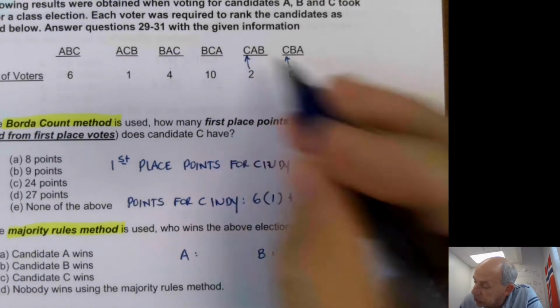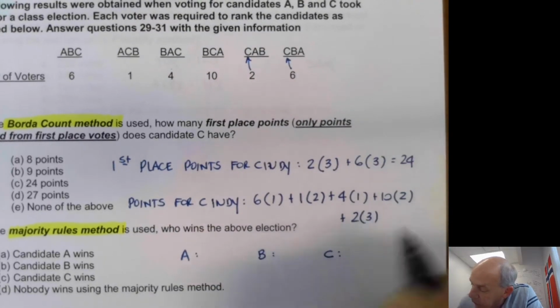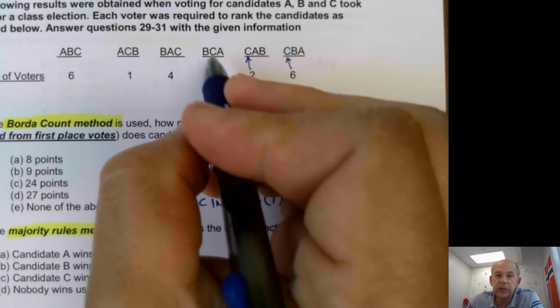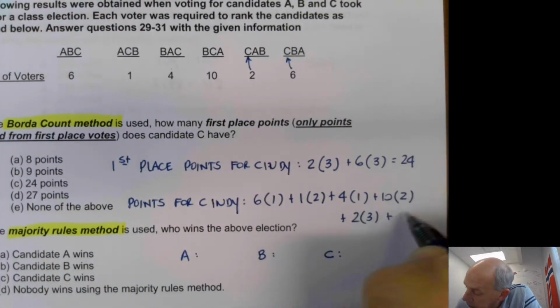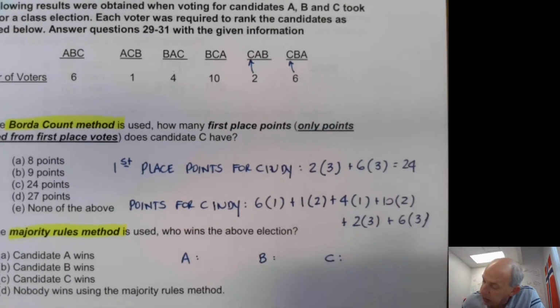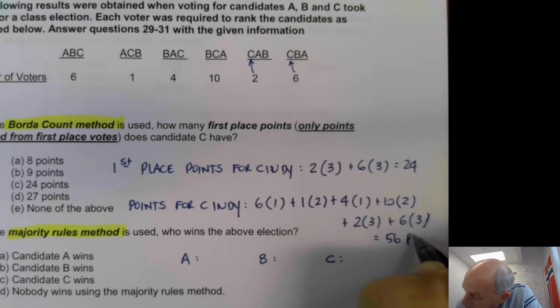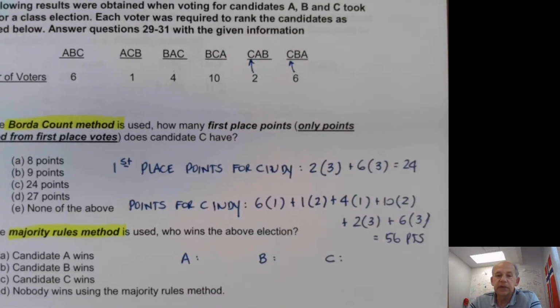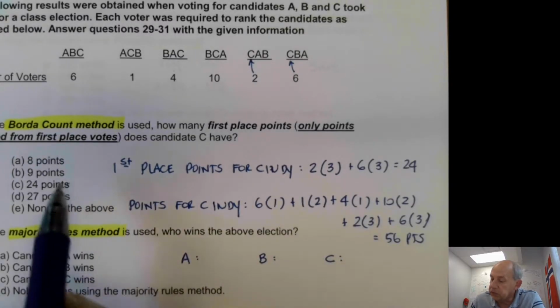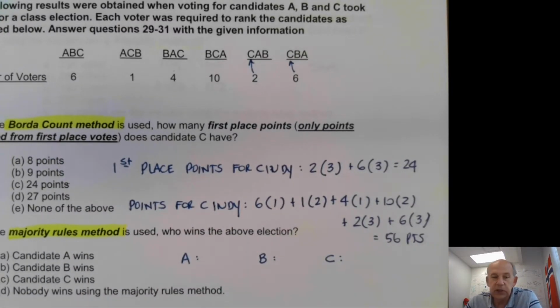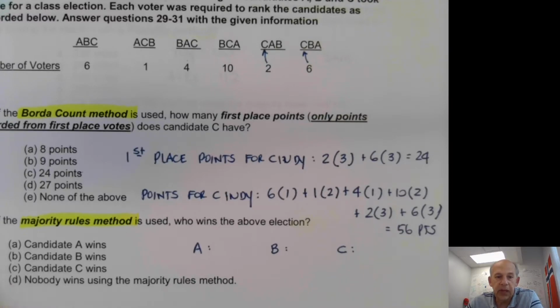For these 2 people, Cindy was in first place. She gets 3 points. For those 6 people, Cindy is in first place. She gets 3 points. If I add up all of those points, Cindy would have a total of 56 points. So there is how you would do 24 points for first place, and 56 for a total of points using the Borda count.